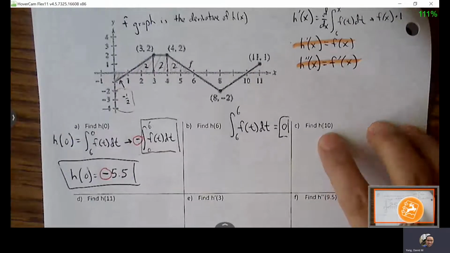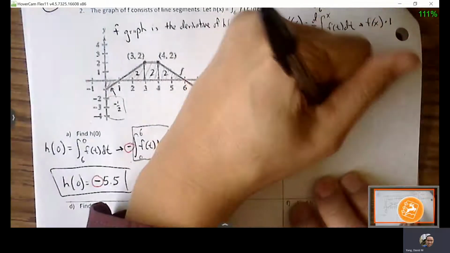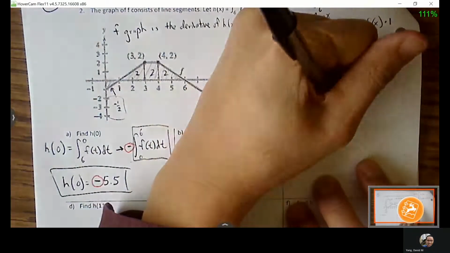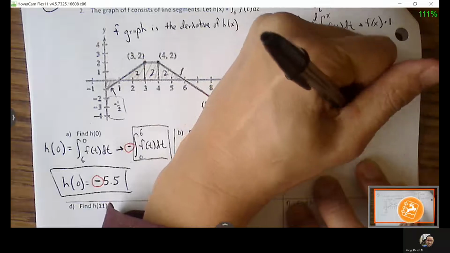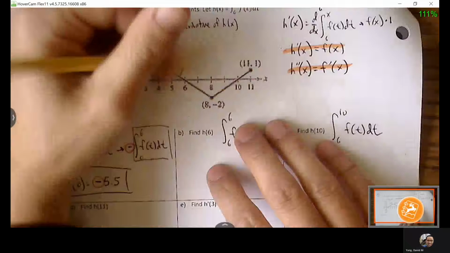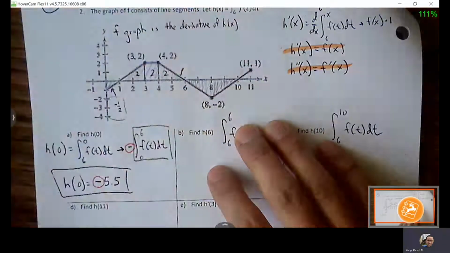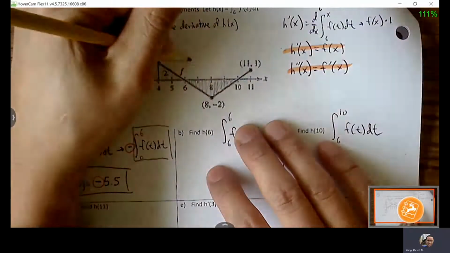Integral from h of 10. H of 10, we use the rule here from 6 to 10. Okay, so 6 to 10. 1/2 base times height.